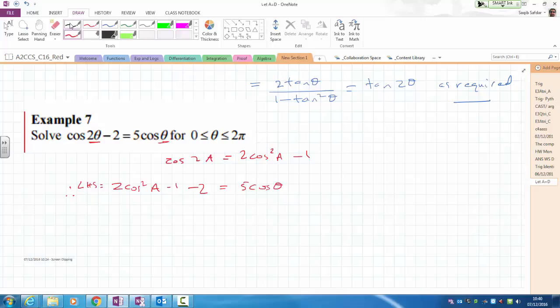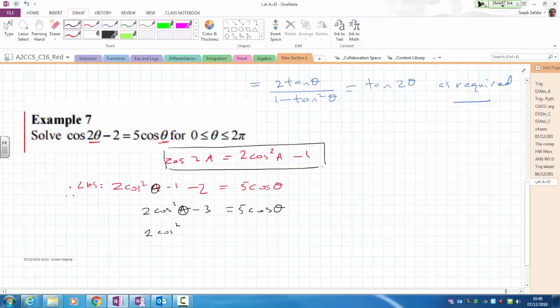If we tidy that up, we'll get 2 cos squared theta take away 3 equals 5 cos theta. I'm mixing the a's and thetas up; this should be a theta, and this should be a theta. This part here was just the standard identity. Now at this point, we can bring everything over to one side, so we've got 2 cos squared theta take away 5 cos theta take away 3 equals 0.